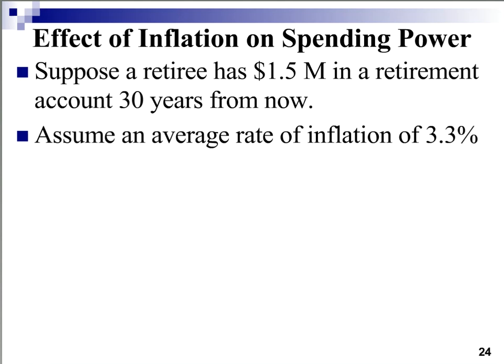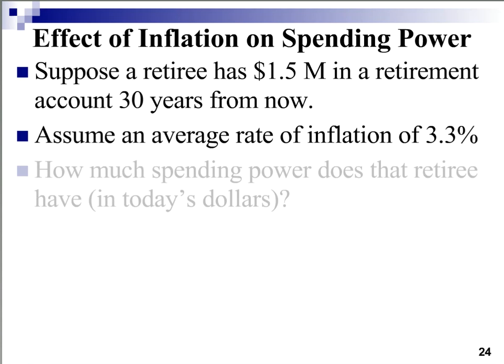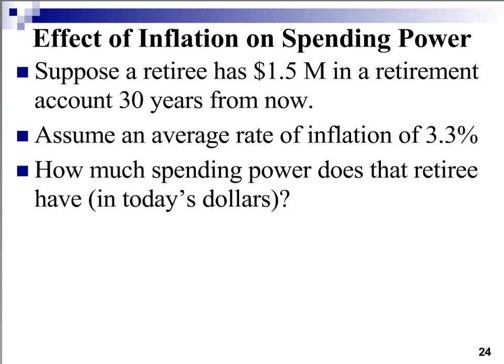And so what we want to do here is assume that we have an annual inflation rate of about 3.3%, which is relatively high, but we'll assume that. And the question that we want to answer is, how much spending power does that retiree actually have when we think about it in terms of today's dollars? So remember, inflation is having an effect on that dollar amount.